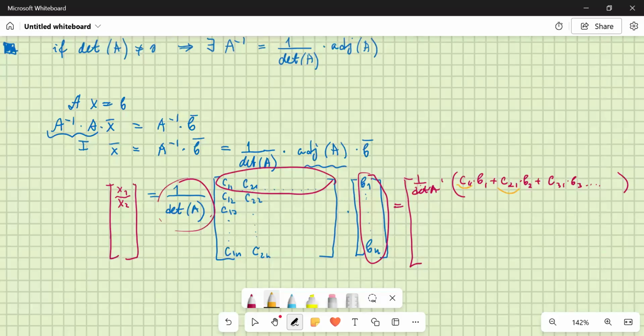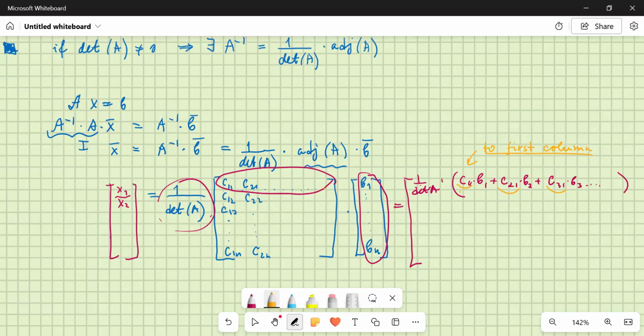These cofactors belong to, or are complementary to, the first column, because this is C12 and C21. If that was not a transposed matrix, that would be the first row of cofactors. These cofactors are complementary to the first column.